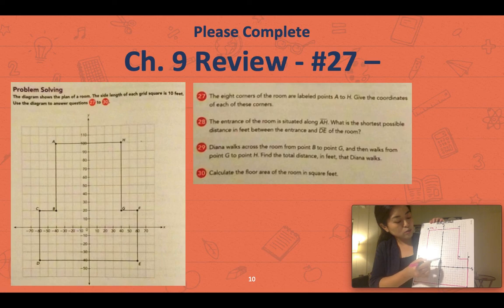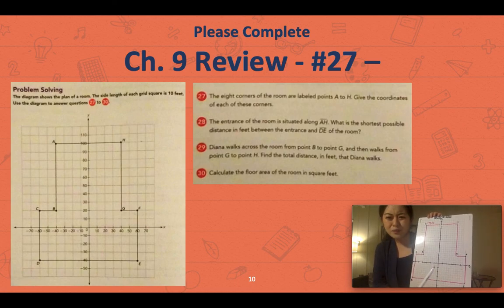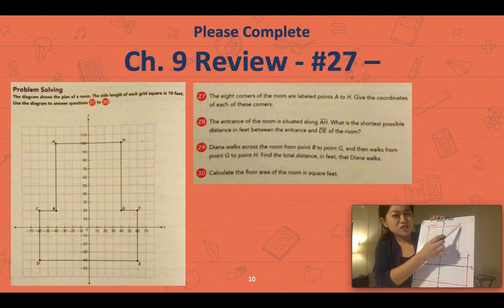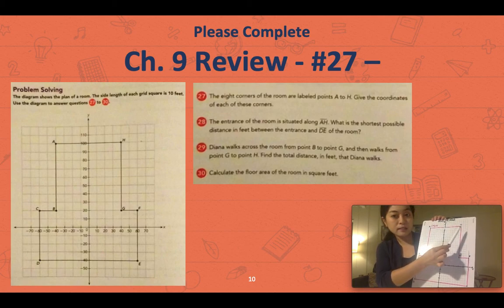So let's see, 10, 20, 30, 40, 50, 60, 70, 80, 90, 100. Okay, and then I'm gonna actually go across over here. And what I notice is H reflects A over the y-axis. You see that? It reflects it, okay?